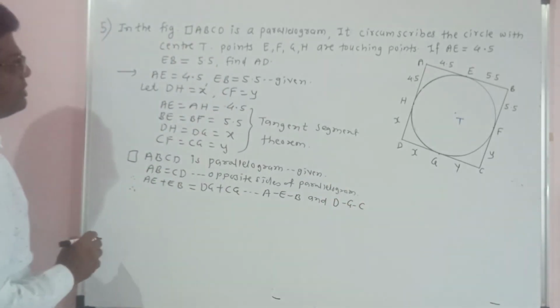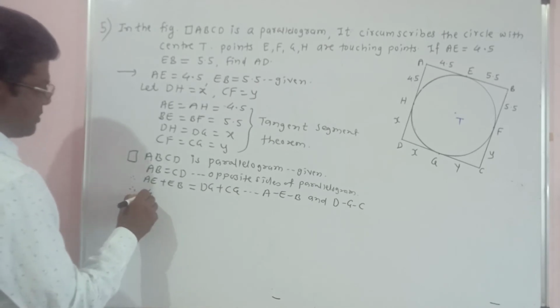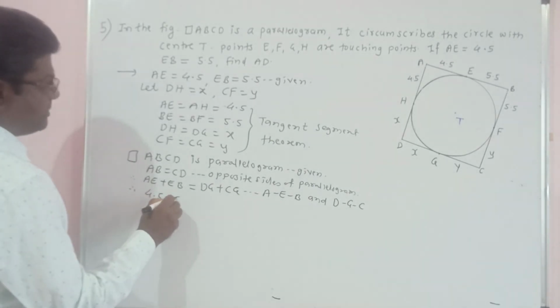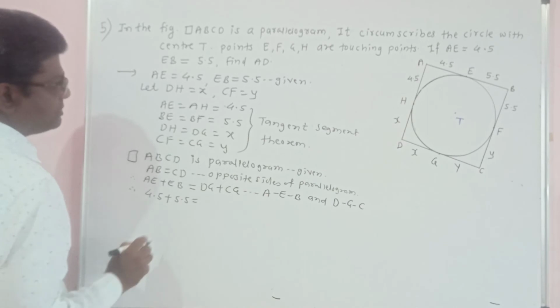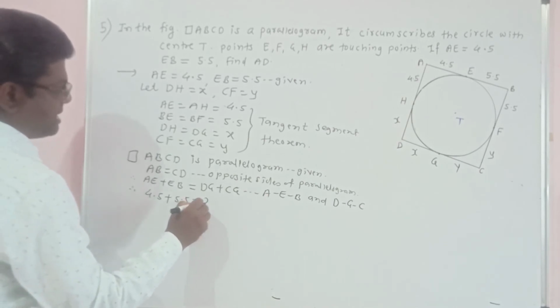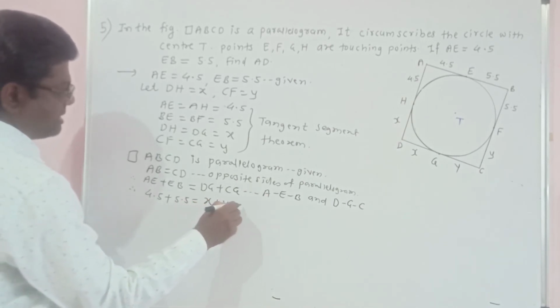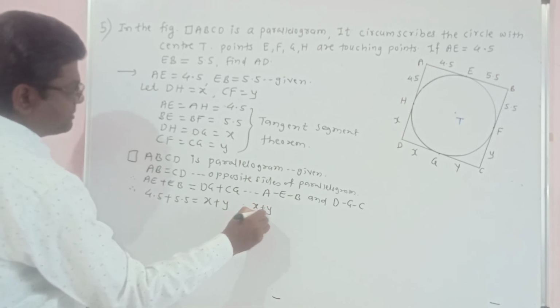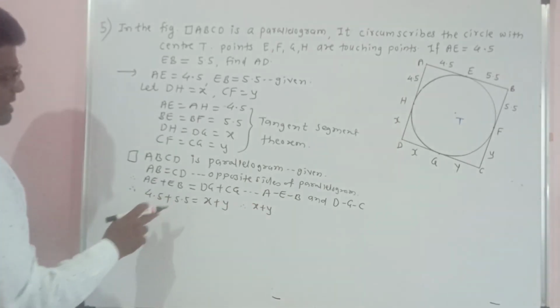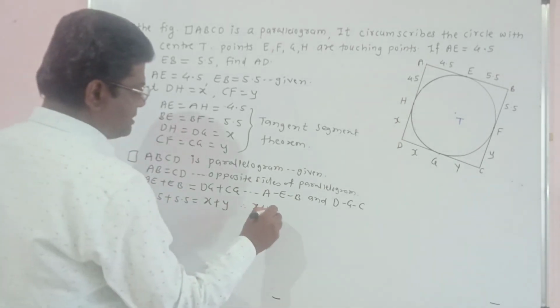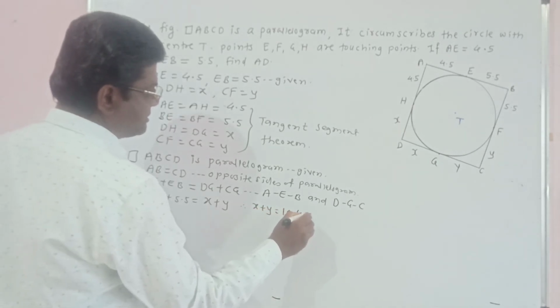Now put the values. AE 4.5 plus EB 5.5 is equal to DG is X and CG is Y. Therefore, X plus Y is equal to 4.5 plus 5.5 is equal to 10 units.